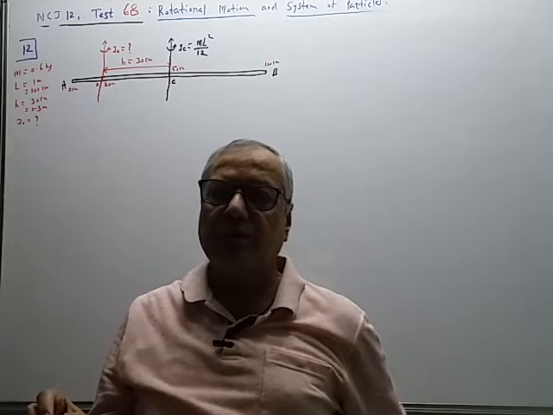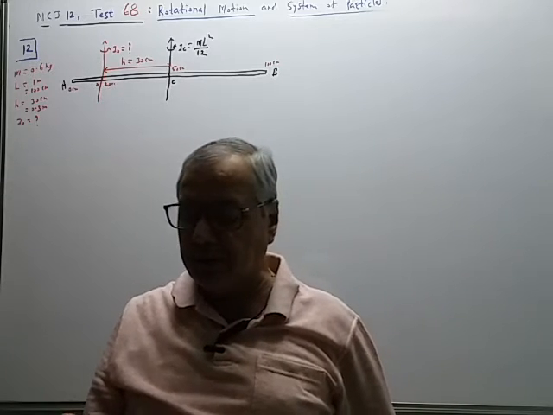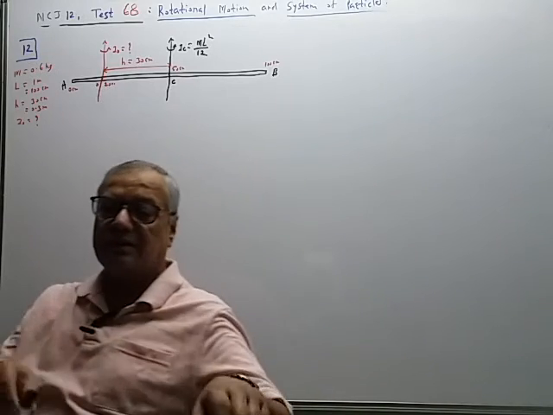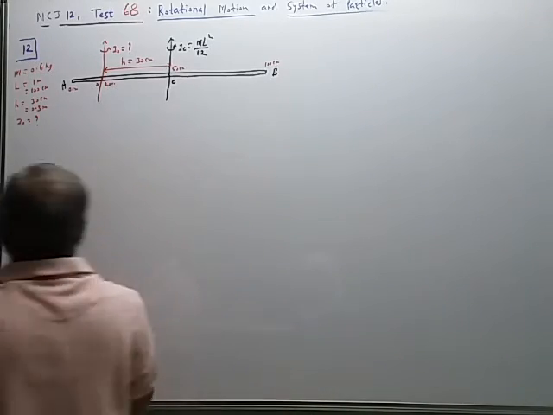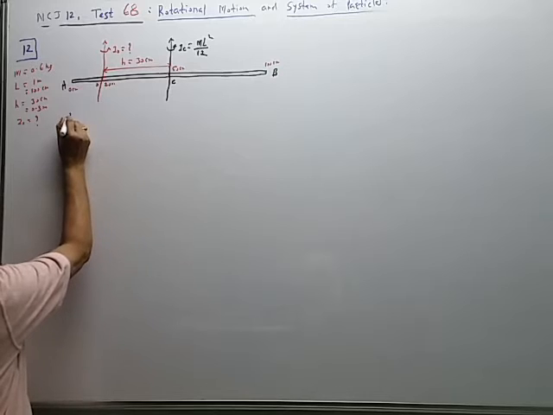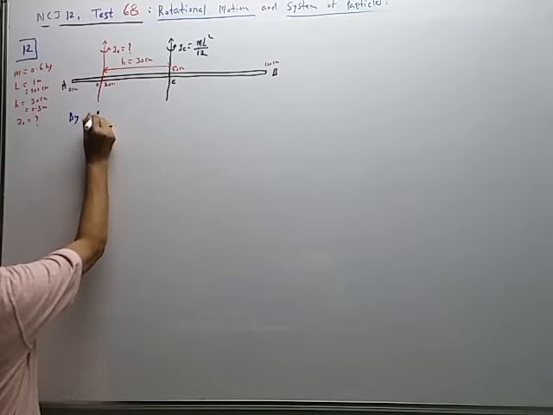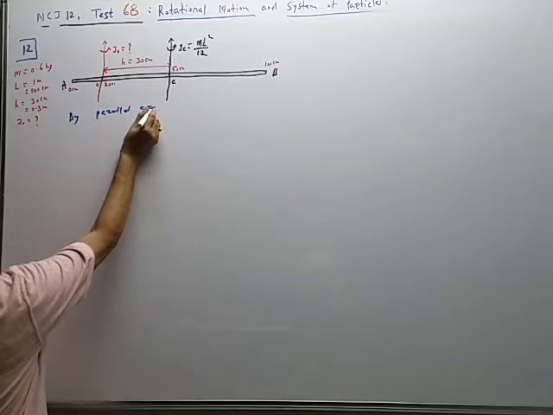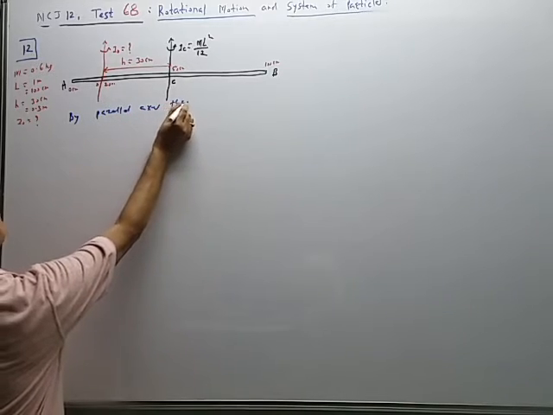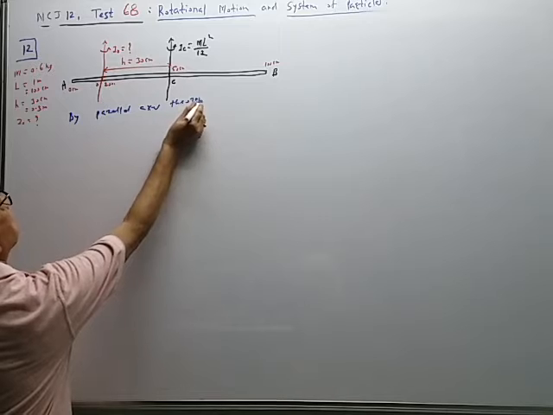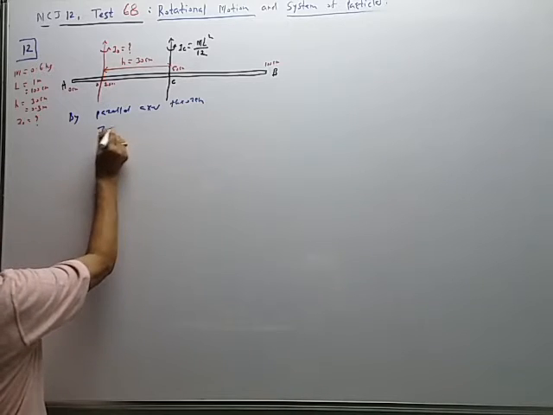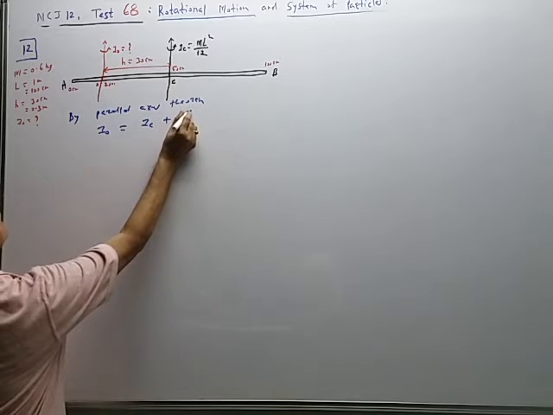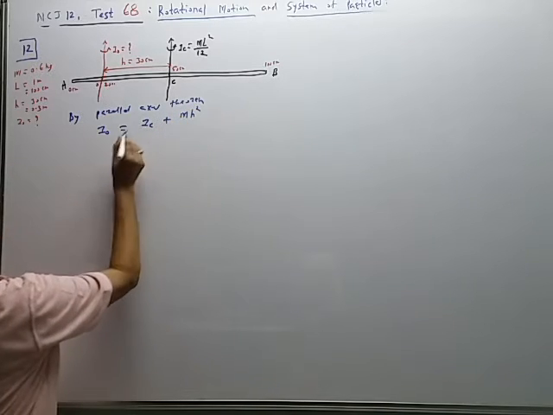Both the axes are perpendicular to the length of the meter scale and they are mutually parallel to each other. So by the parallel axis theorem, IO is equal to IC plus MH square.